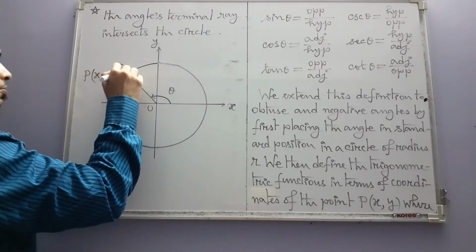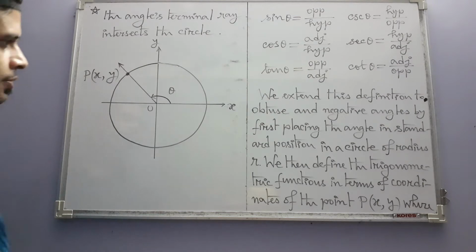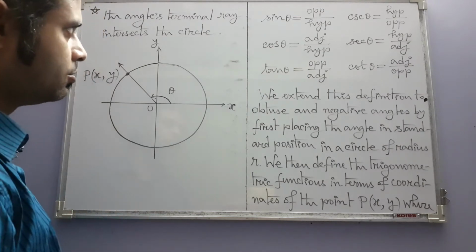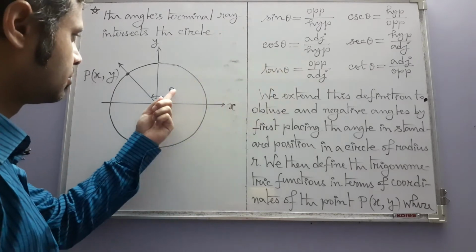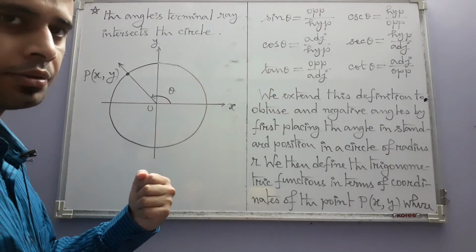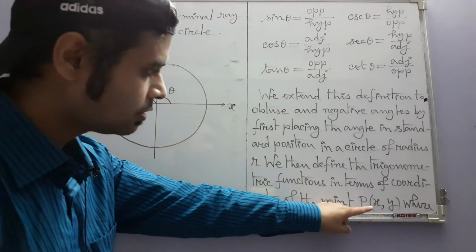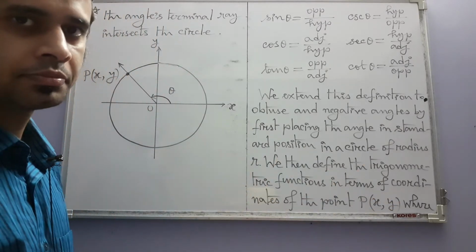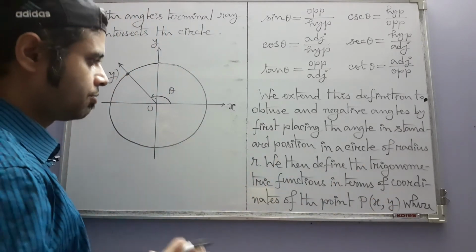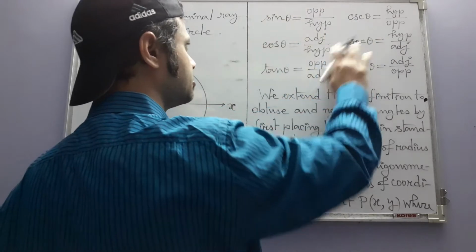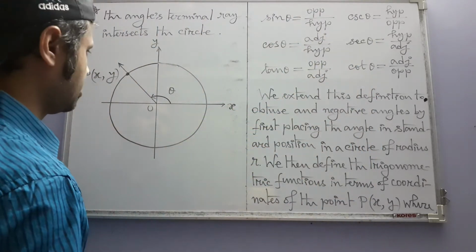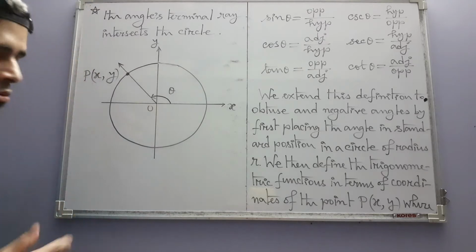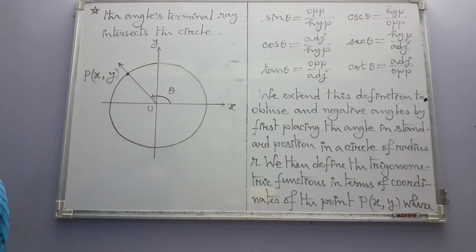So this is the point P. Now we are going to define these trigonometric function values of the angle theta in terms of the coordinates of P. And for a moment let us just keep these old definitions. Let's not clean that part. In what way? In this way.